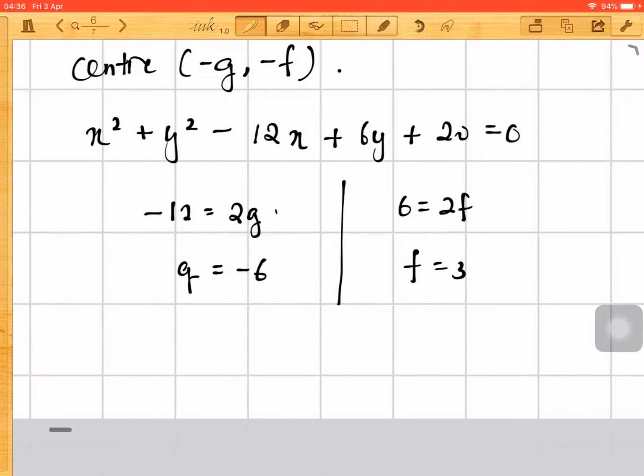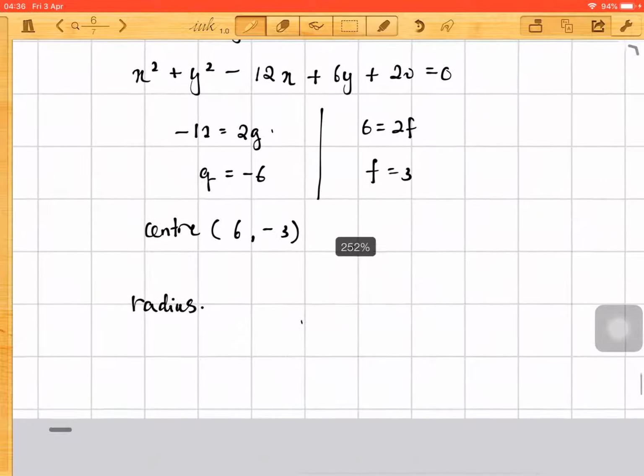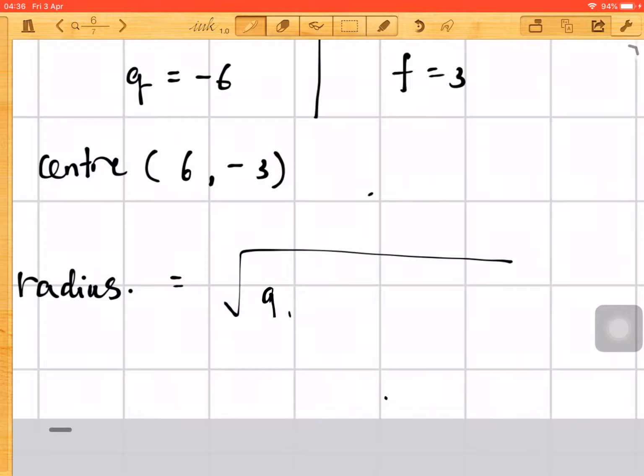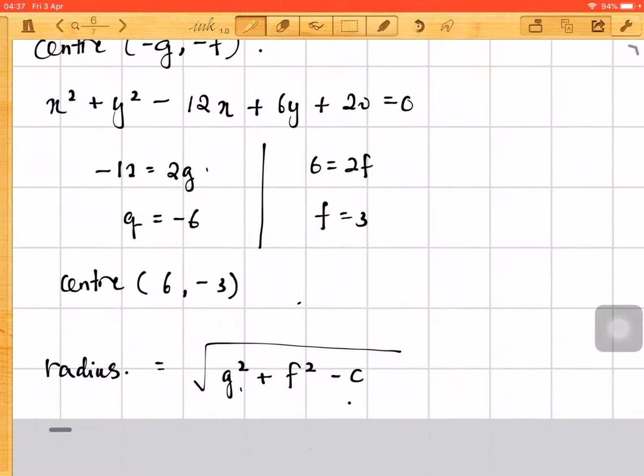So our center is actually 6, -3, because of the formula -g, -f. So we need to find the radius as well. Radius, the formula is square root of g squared plus f squared minus c. So you know g, you know f, and the c here is 20, right here.